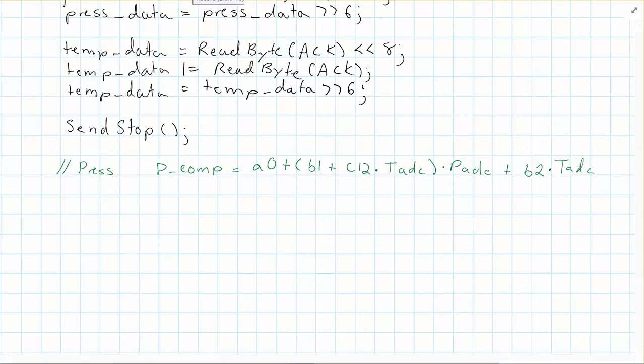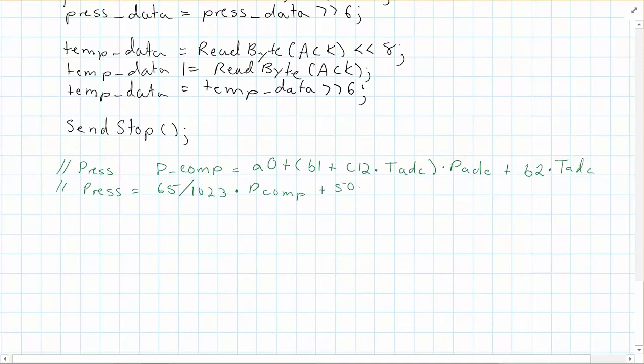Okay? And then the actual pressure is equal to 65 divided by 1023 times P comp plus 50.